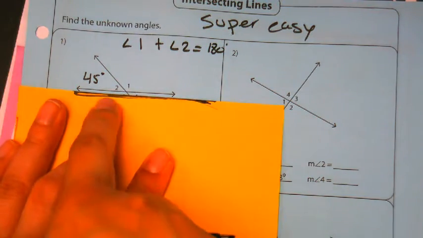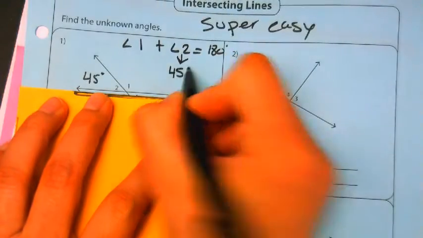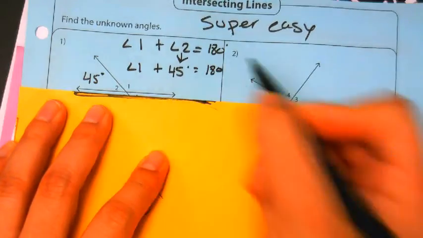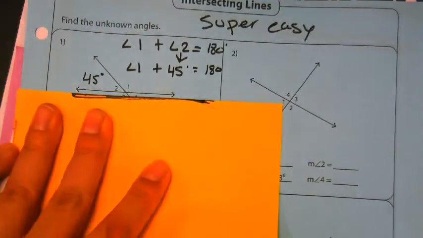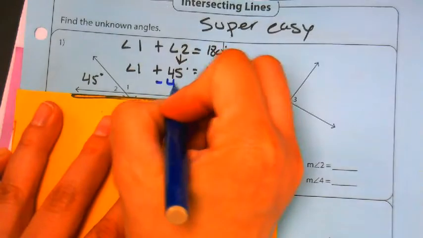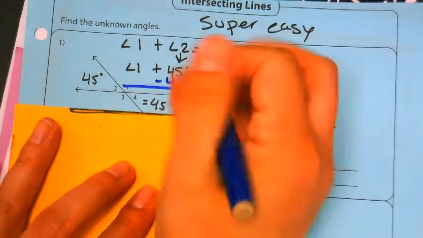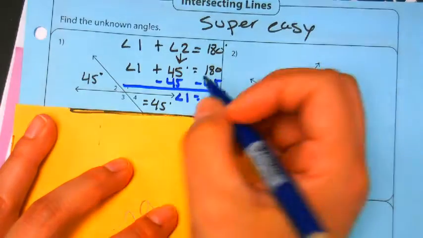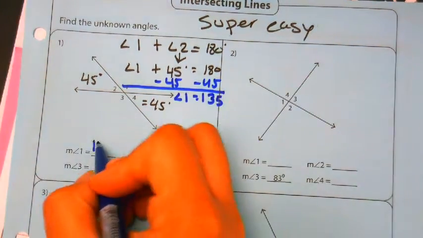I know angle 2 is 45 degrees. I want to know what angle 1 is, and it all has to equal 180. So what do I do? Subtract 45, subtract 45. Angle 1 is equal to 135.